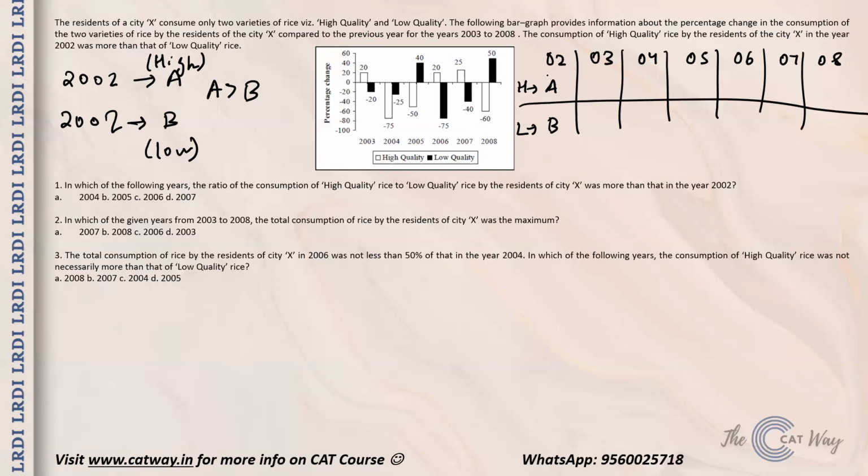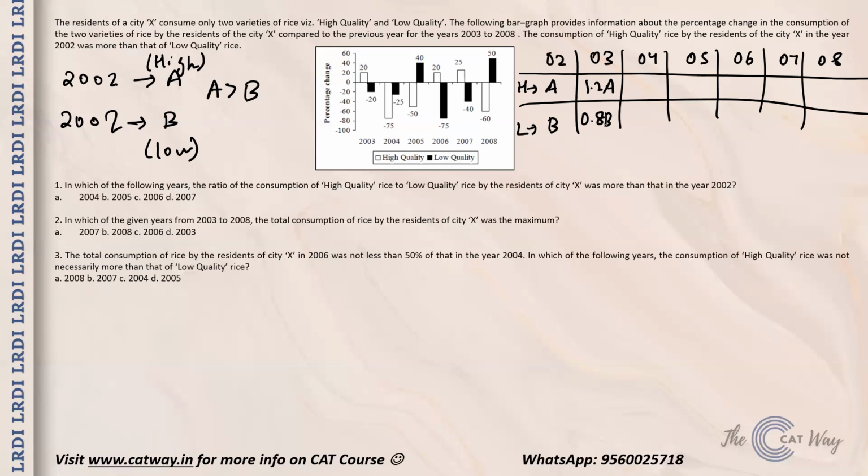Now in 2003 guys, you can see that there was an increase in the high quality rice by 20%. So it basically became 1.2A, and this decreased by 20%, so it became 0.8B. Then in 04 the high quality went down by 75%.